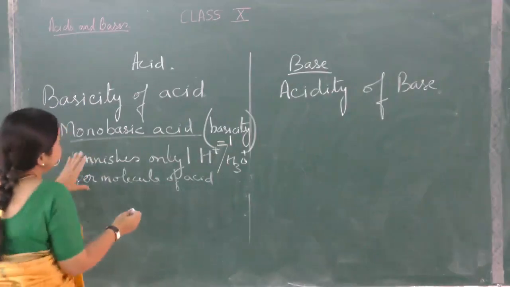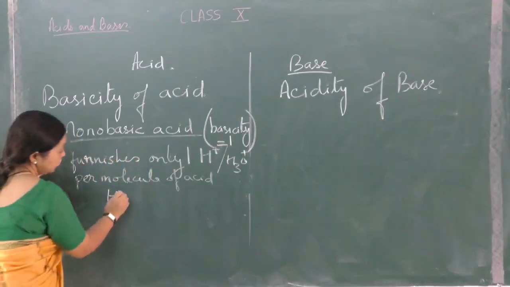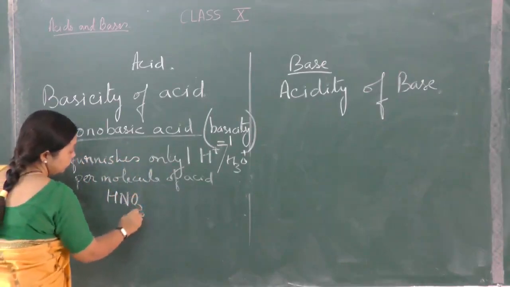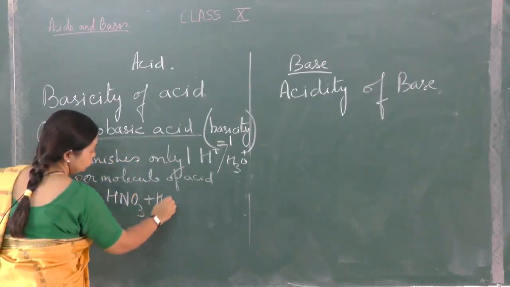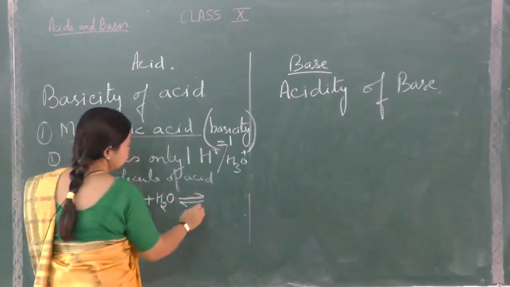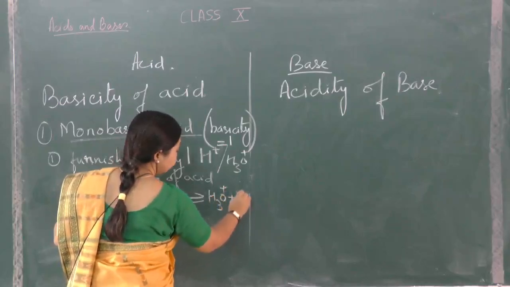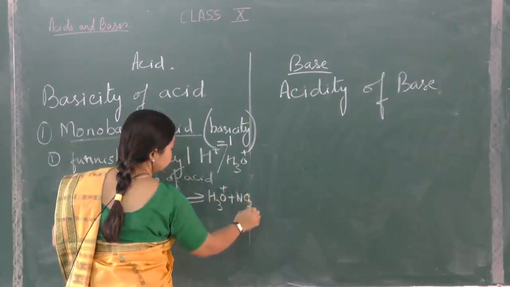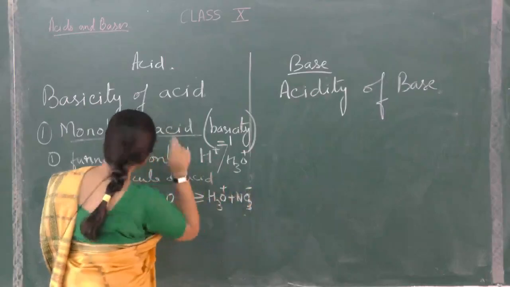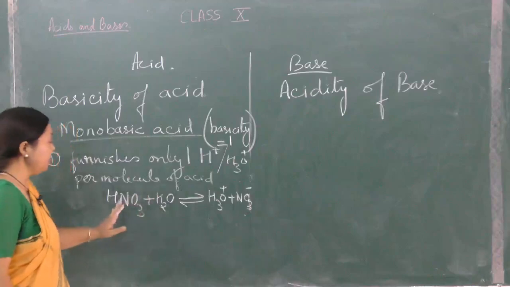Next, it furnishes only one. How do we know that? See, HNO3 for example. HNO3 plus H2O furnishes H3O plus and NO3 minus. So how many hydronium ions is it furnishing? Only one.